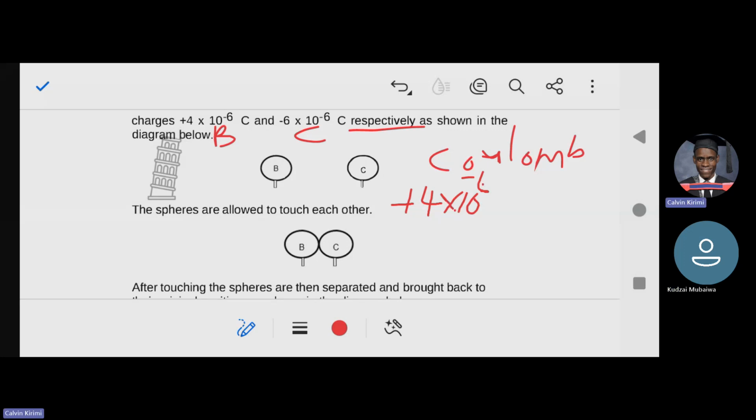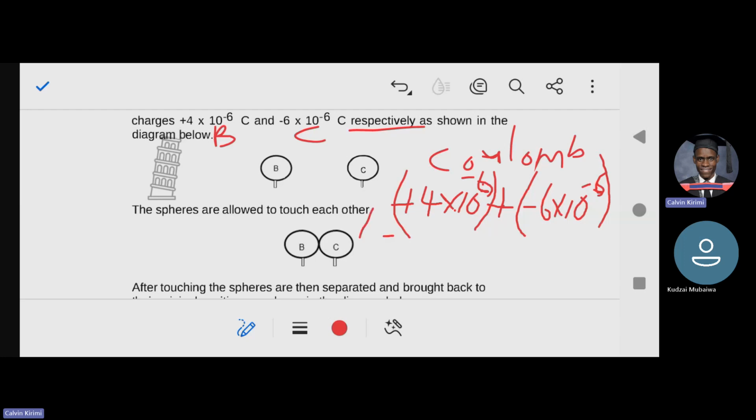But here you are just dealing with numbers, so you remove the coulombs in the calculation. Then you say plus. This is the net charge. We are adding a negative number, -6 times 10 to the power -6. When these two spheres are in contact, they share charges.